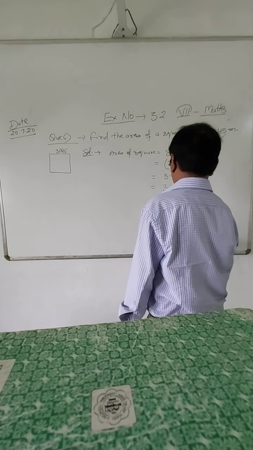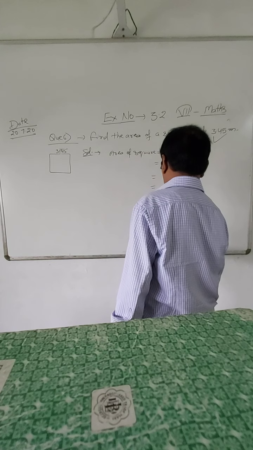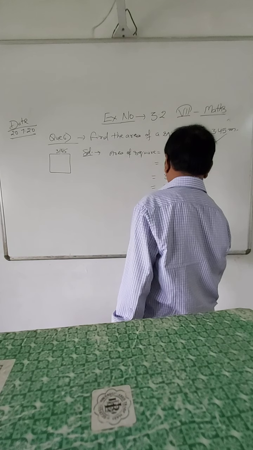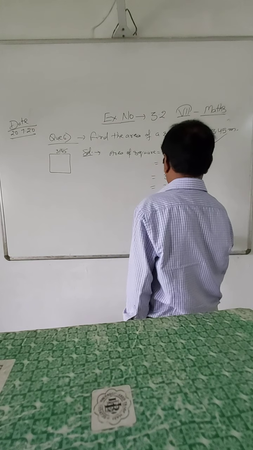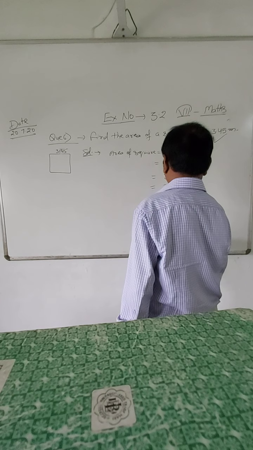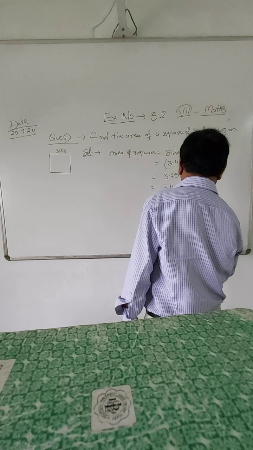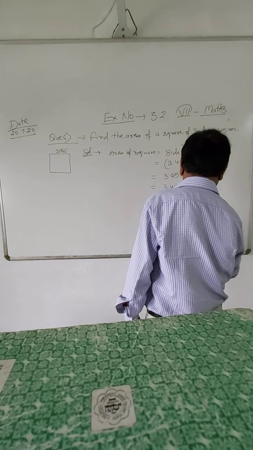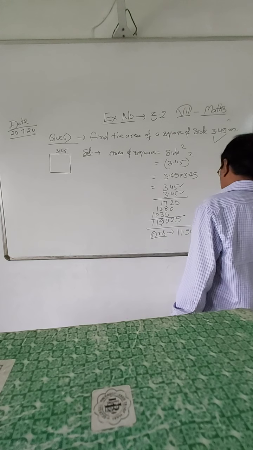So after 4 places put the decimal. So 1 2 3 4. So here the answer will come 11.9025 and meter. Area unit is meter square.